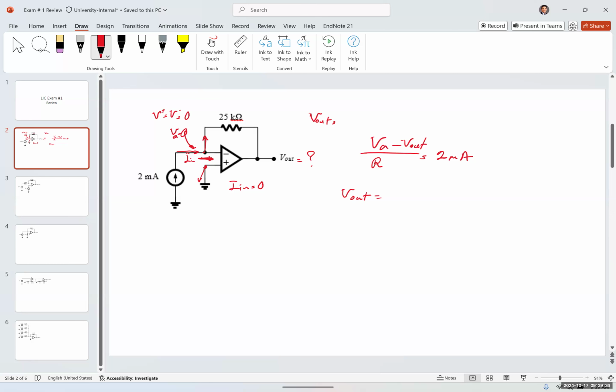So negative V out would be 25K times 2 milliamps. Therefore, V out would be equal to negative 50 volts. And for all the current, it's going to be a pretty easy question.